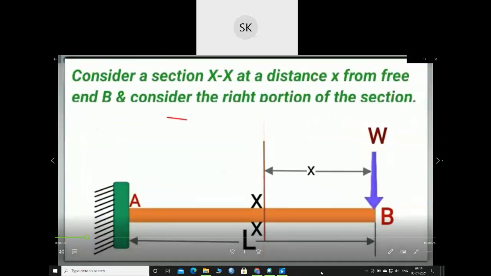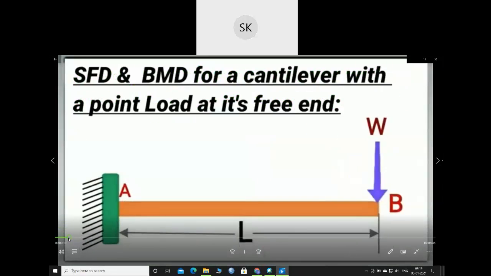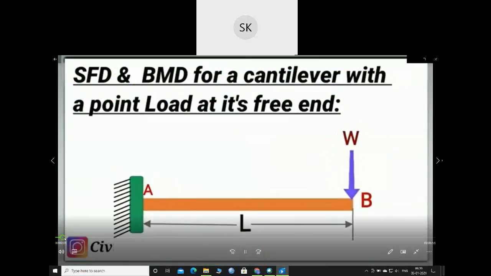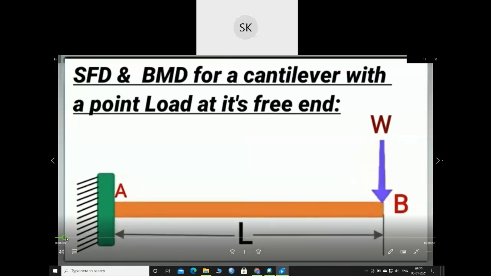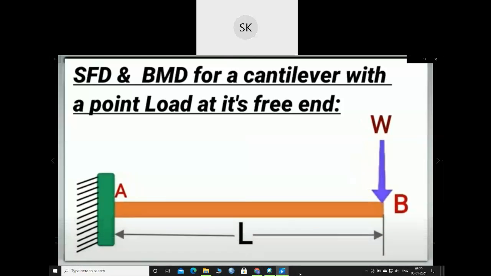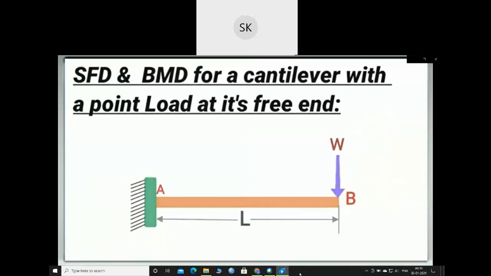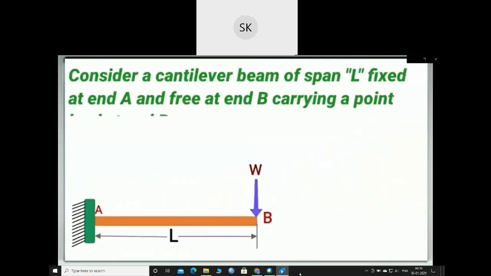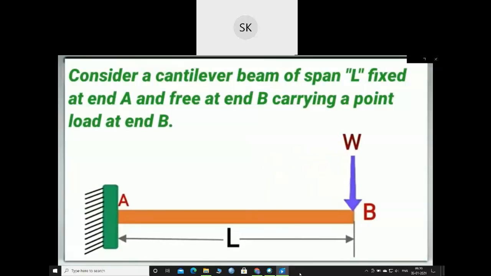To draw the shear force and bending moment diagram for a cantilever beam carrying a point load at its free end, consider a cantilever beam of span L fixed at end A and free at end B, carrying a point load at end B.